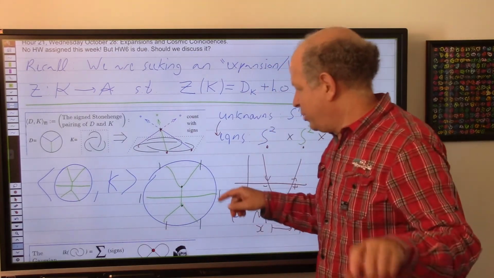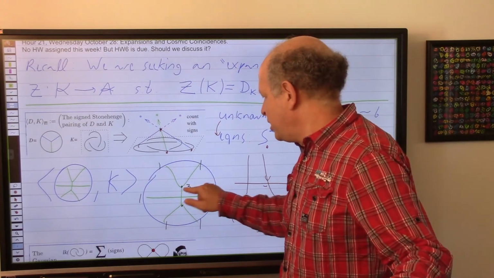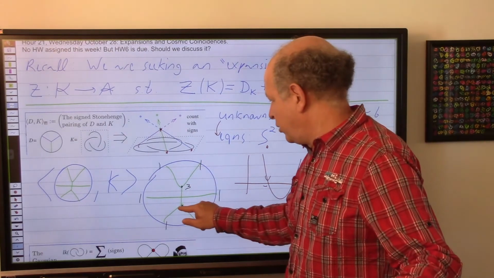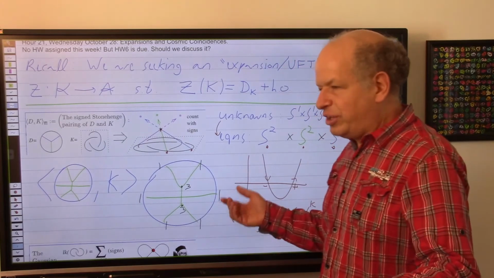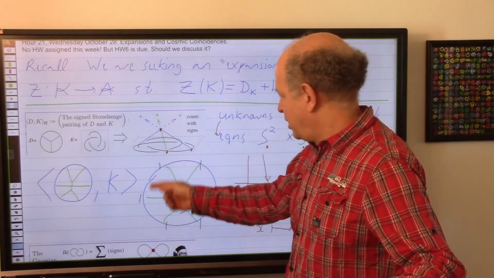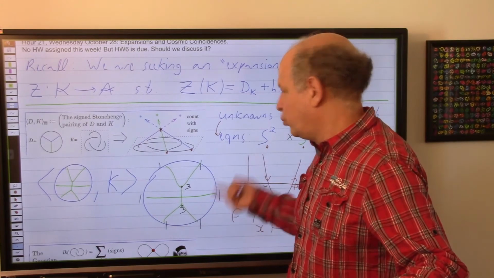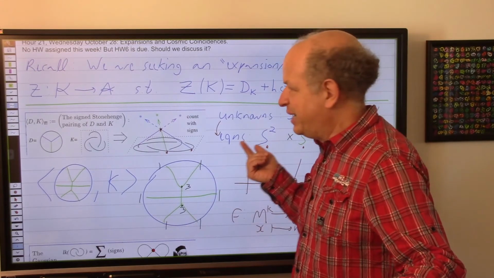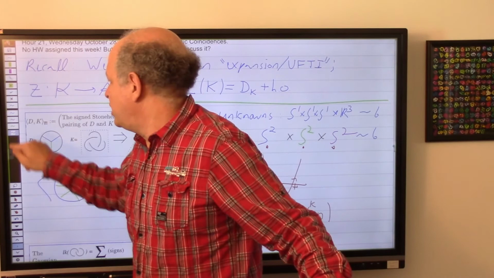So these are 3 unknowns. These are also 3 unknowns. So the number of unknowns in total is 12.